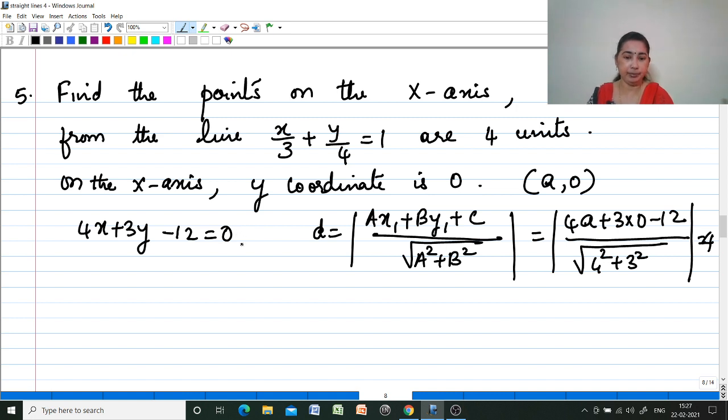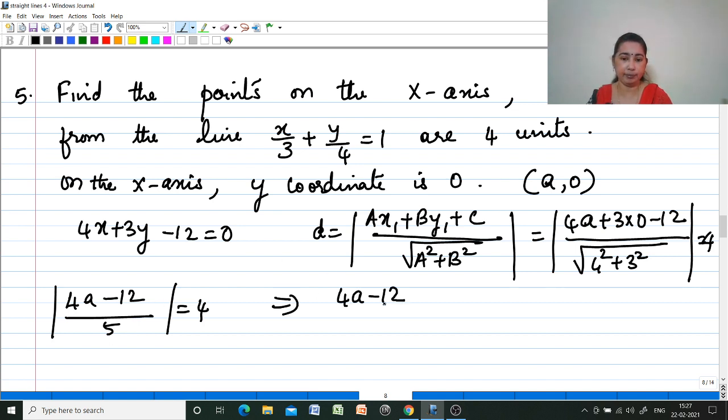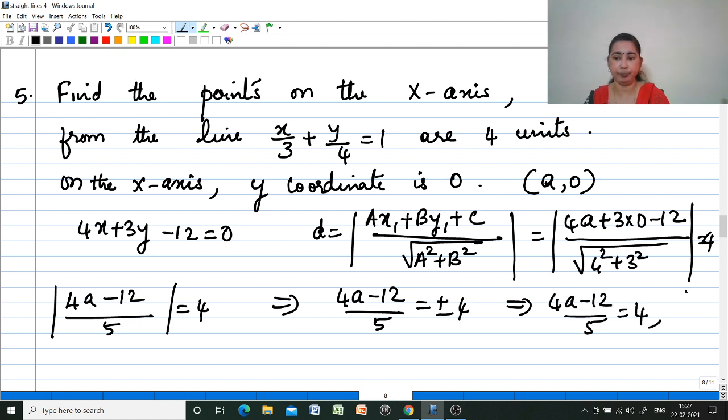Simplifying this, 4a minus 12 divided by root of 16 plus 9, which is 25, root 25 is 5, is equal to 4. Taking out the modulus sign, we can write 4a minus 12 by 5 is equal to plus or minus 4. That is, 4a minus 12 by 5 is equal to plus 4, and 4a minus 12 by 5 is equal to minus 4.